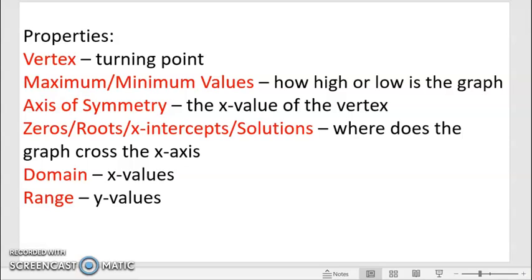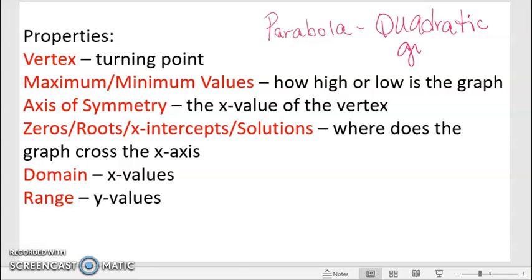Okay, so one thing I would like for you to remember is that a parabola is what we call a quadratic graph. So the graph of a quadratic is a parabola. It is a U-shaped graph that's either positive by going up or negative by going down.